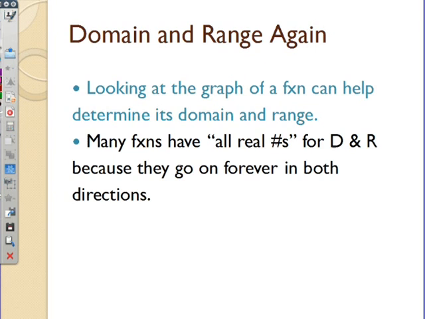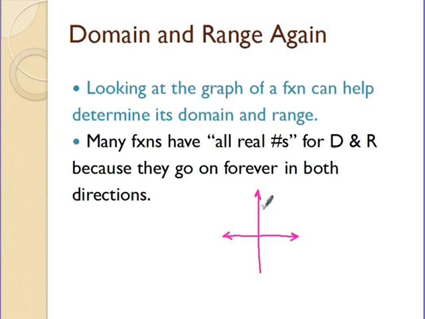Just a reminder here about domain and range. When you look at the graph of a function, it helps you determine the domain and range. And a lot of functions are going to have all real numbers for the domain and range because they go on forever in both directions. If you think about what a line looks like, just a regular old diagonal line, the domain and range are going to have to be all real numbers because this line eventually touches every x value.